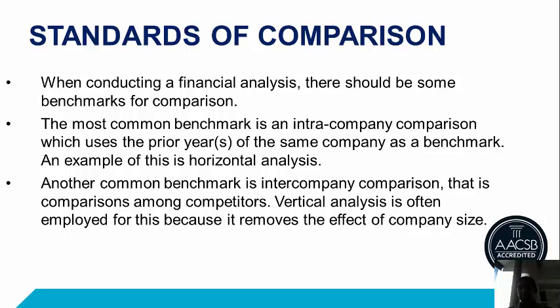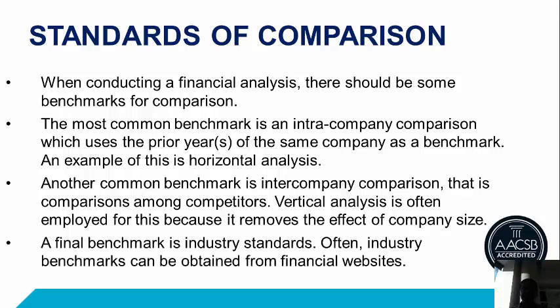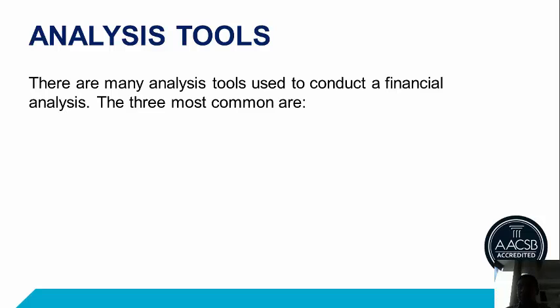So horizontal analysis, you're comparing previous period numbers to your numbers this period. Vertical analysis is when you're reflecting on the relationship between numbers in your, say, organization versus other organizations. You can do both simultaneously, but I'll get to that later. A final benchmark, of course, is industry standards, and we've talked about that.